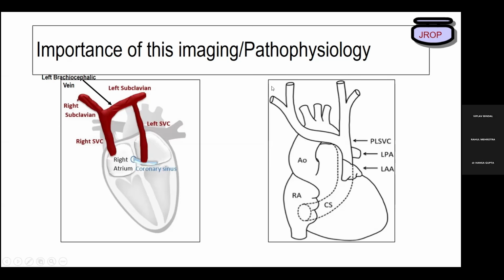But at the same time, when I give a contrast in the right arm, it does not come into the RV, RA first. It goes through the brachiocephalic vein to the left-sided persistent SVC, then to the coronary sinus, and then into the right atrium. So either there is a shunt between these two, like an unroofed coronary sinus, or this is suggestive of an absent right-sided SVC.